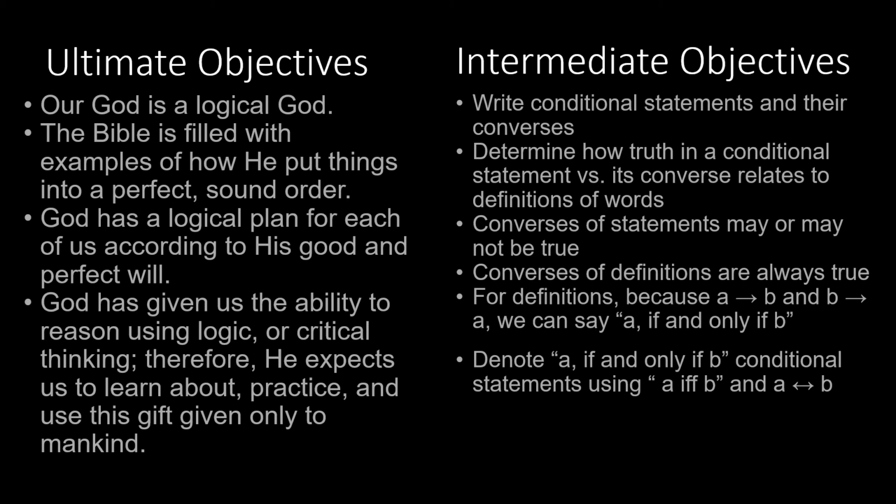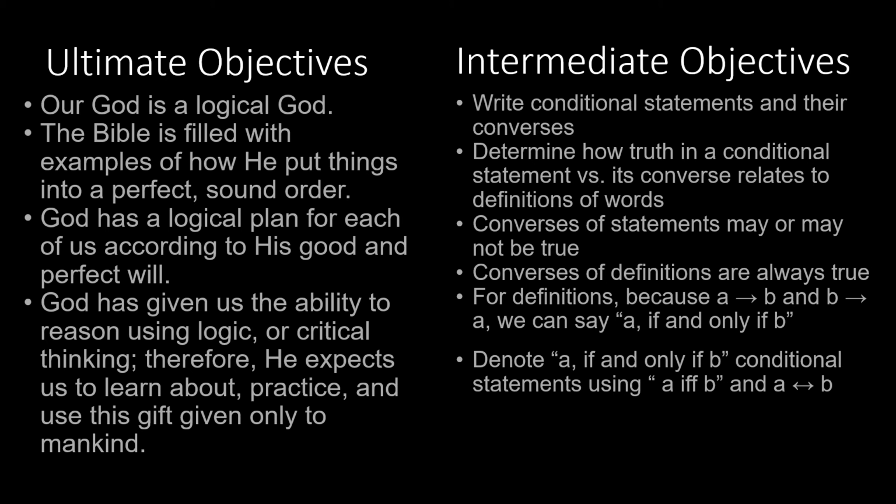Now, our intermediate objectives, which apply specifically to lesson 2, have to do with understanding and writing conditional statements and their converses, and exploring if these conditional statements are true and also if those converses are true.